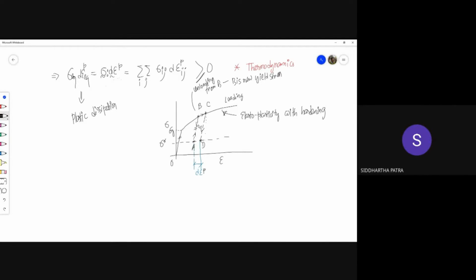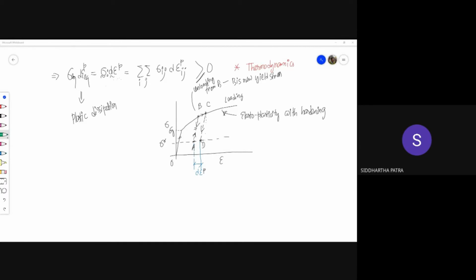If this is the unloading curve and also the reloading curve, this curve is your elastic curve, which basically means when you go from A to B, the deformation is only elastic.